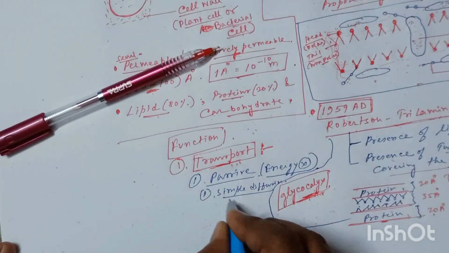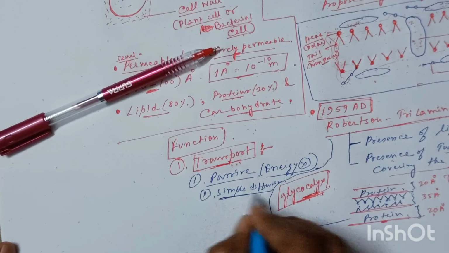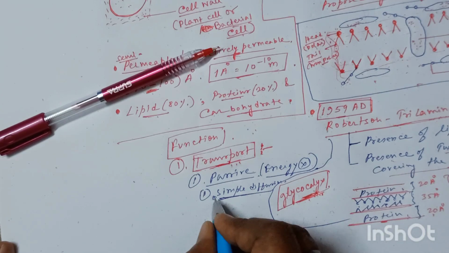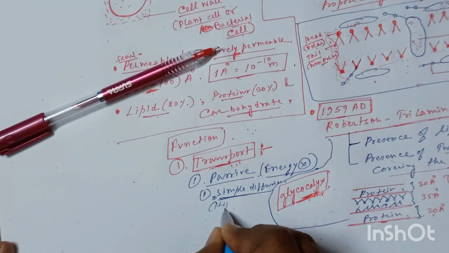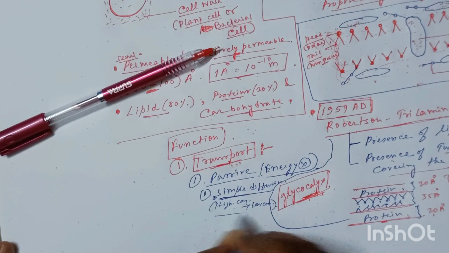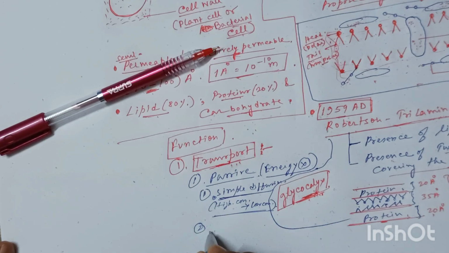Simple diffusion occurs just from high concentration to low concentration, maintaining the concentration gradient. And number two is facilitated diffusion.